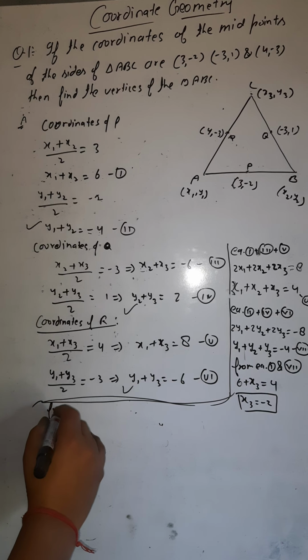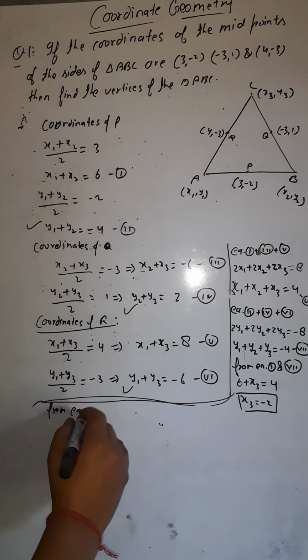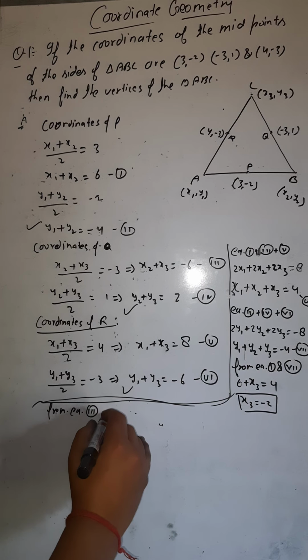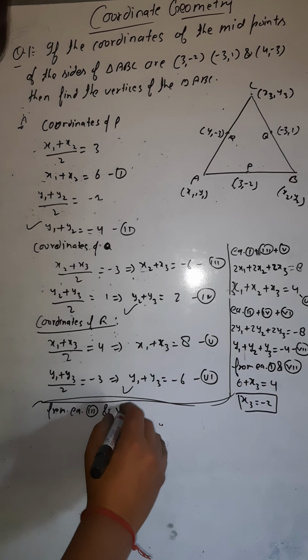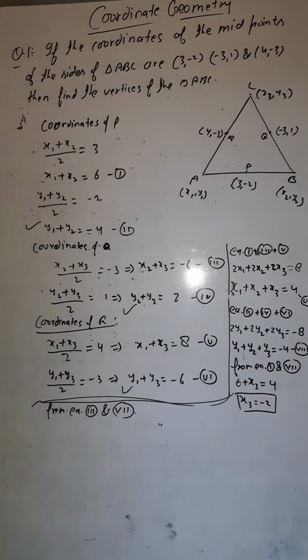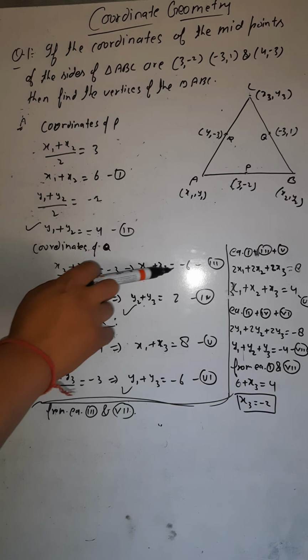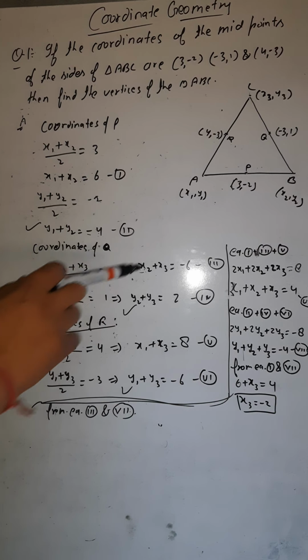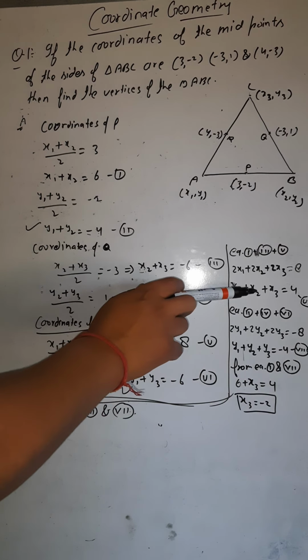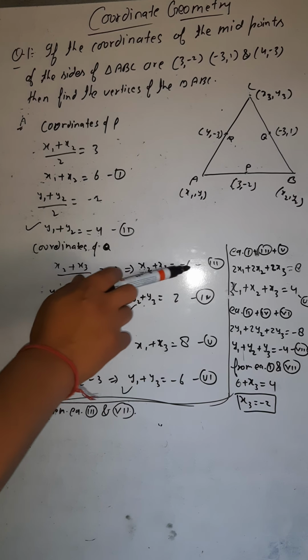So I'm writing here from equation 3 and 7. Just have a look. Equation number 3 is x2 plus x3 equal to minus 6. So in place of x2 plus x3, I would put the value minus 6.